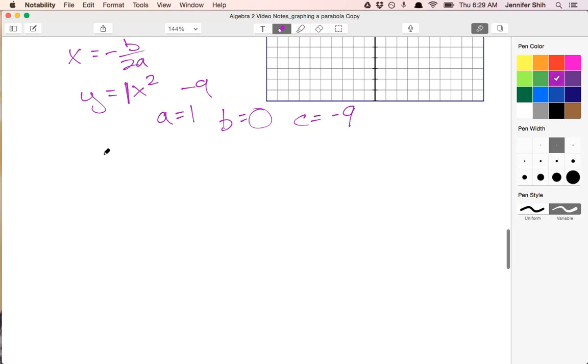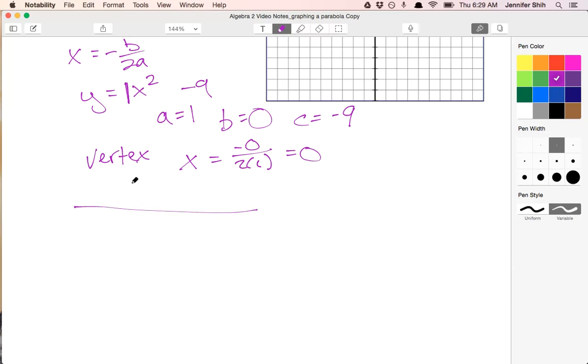So for our vertex, we have x is equal to negative b over 2a. x is going to be 0. So the axis of symmetry is on x is equal to 0.